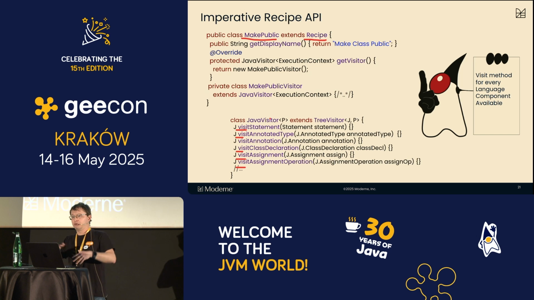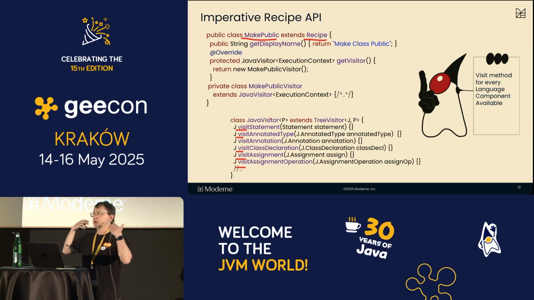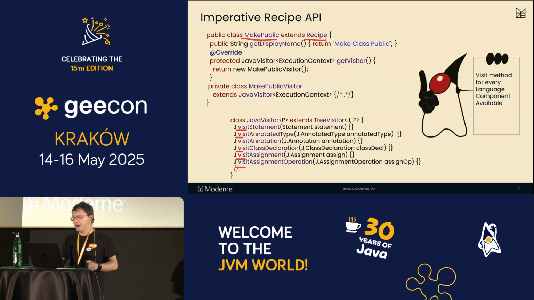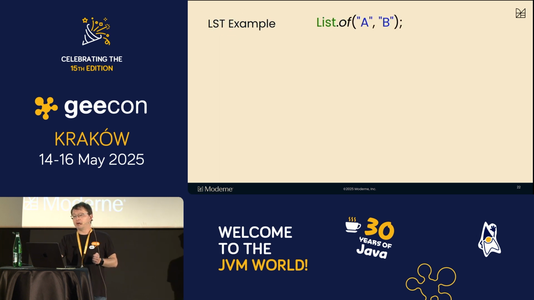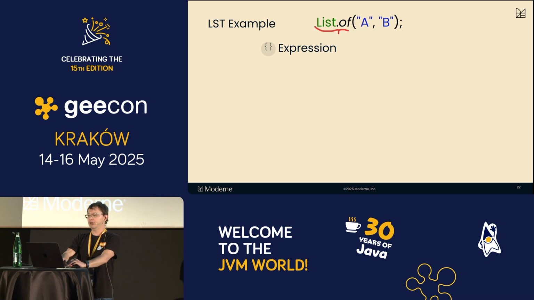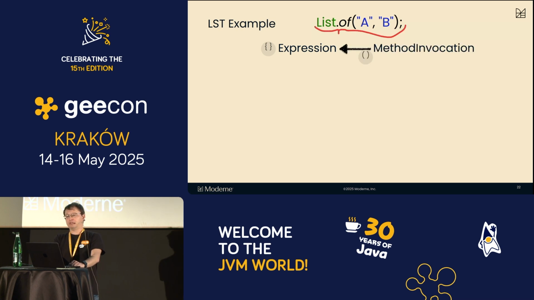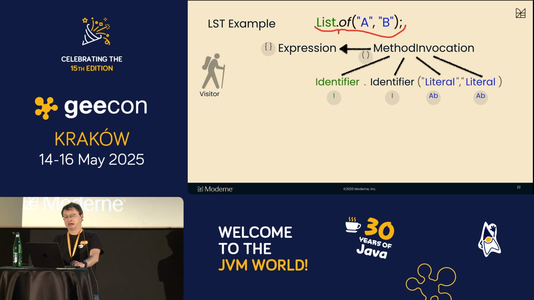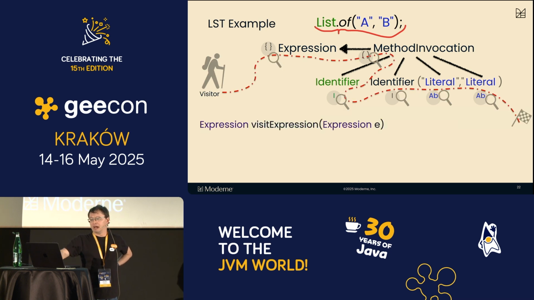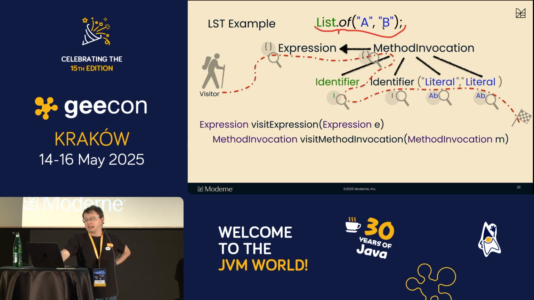If you would like to change something, you can override this method and implement your logic to modify this particular element. For example, if you would like to parse this expression, list of A, B, at first you will visit the expression. The expression will be on the top and represent list of A and B. Then the visitor will go deeper and visit the method invocation.